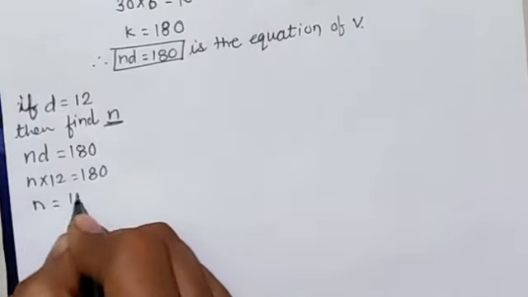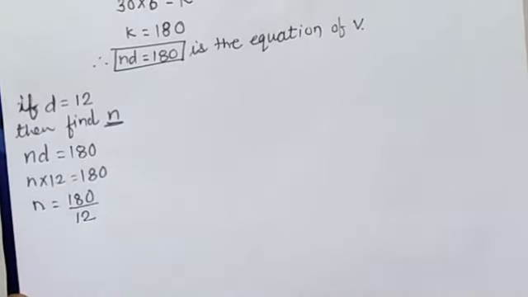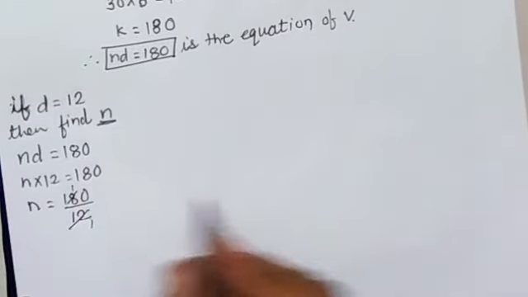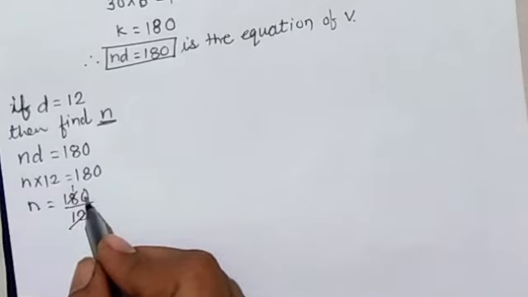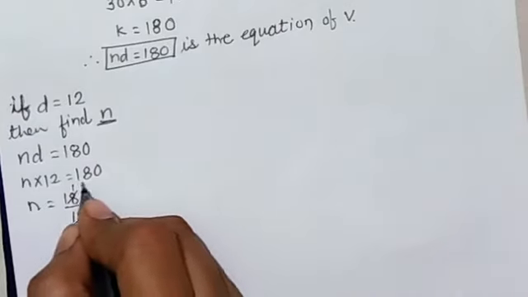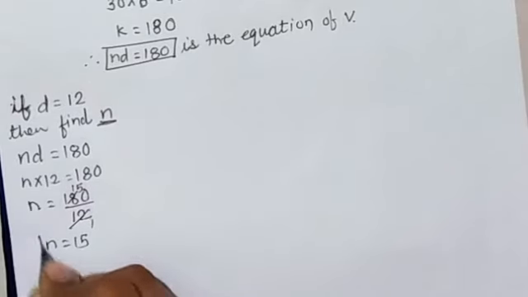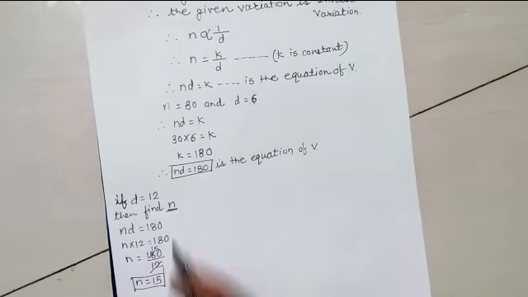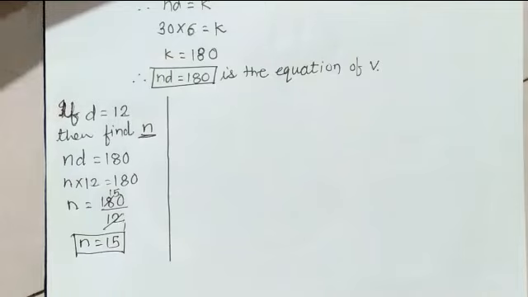So n is equal to 180 divided by 12. 12 ones are 12. 18 minus 12, 6 will be there. 6 and 0, it will become 60. 12 5s are 60. Therefore, n is equal to 15. It means if the number of workers is 15, then 12 days are required to complete the task.